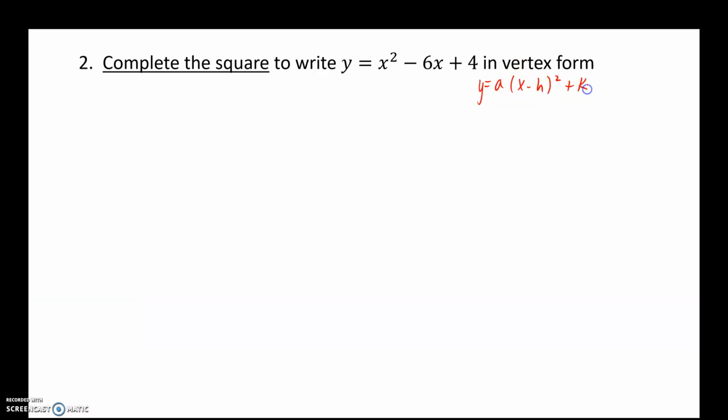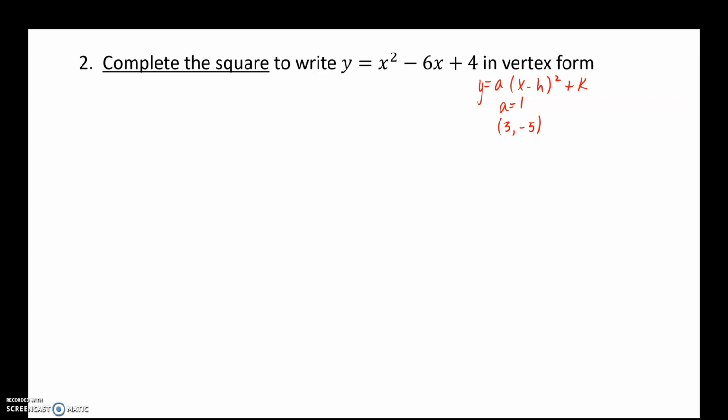Now notice I chose the exact same function as the original, as number 1. So we already know that the value of a is 1, and we found the vertex to be 3, negative 5. So it better work out to be the same.